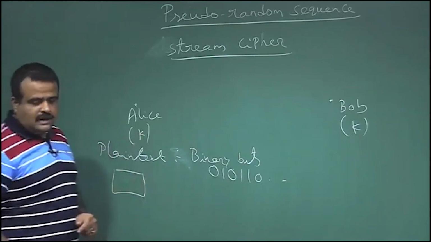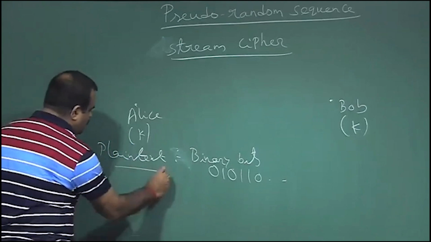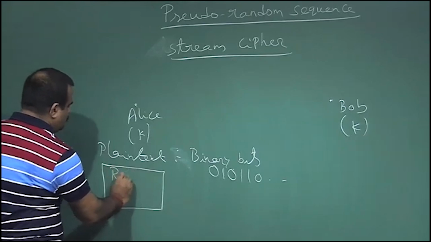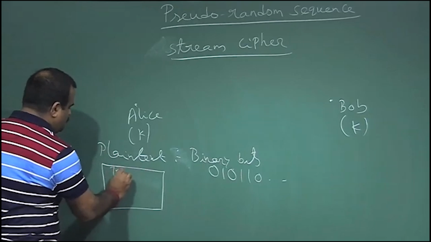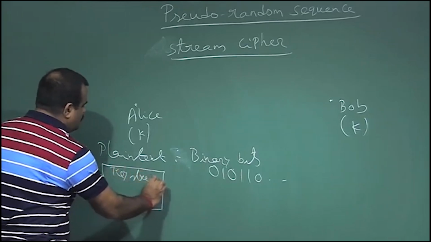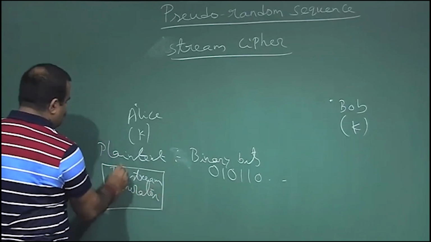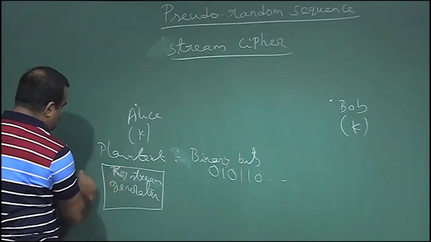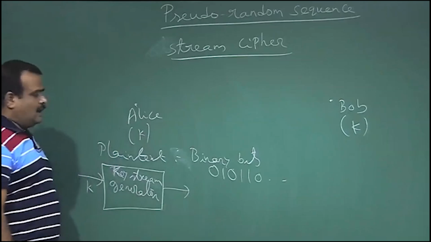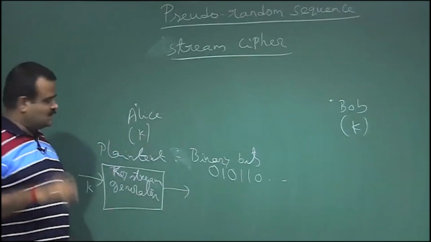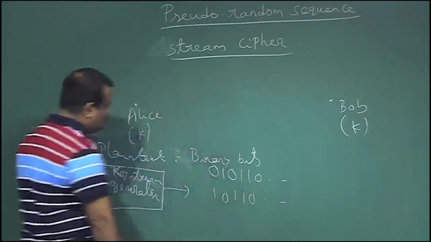Alice will run what is called a random number generator, a key stream generator, which takes the secret key as input and generates key bits, 0 1 bits again, say 1 0 1 1 0 like this. This is the key bit.